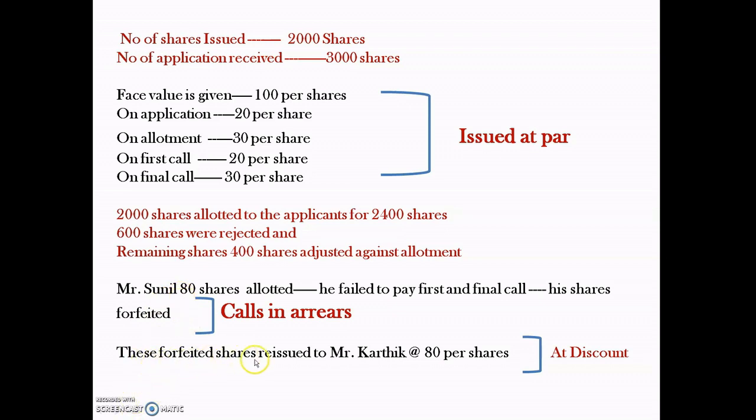After that, Mr. Sunil's forfeited shares are reissued. Reissued means resold, resold to Mr. Karthik at the rate of 80 per share. The face value of a share is 100 per share, but the company reissued to Mr. Karthik at 80 per share, so we can say the shares are issued at a discount.